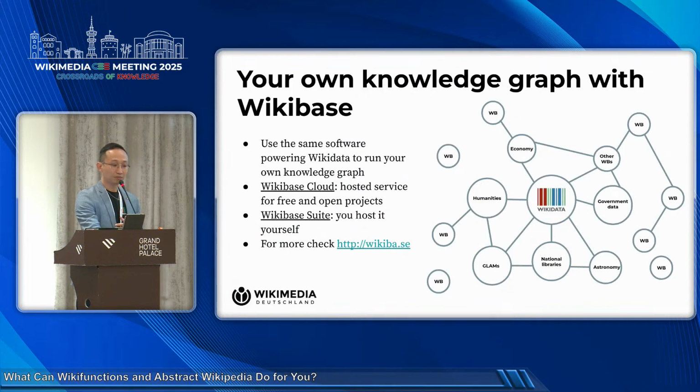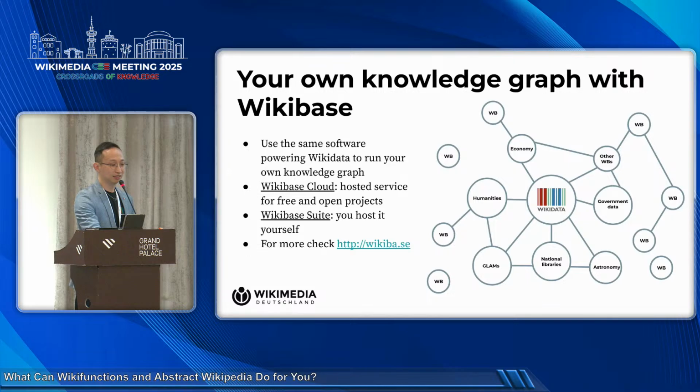And besides Wikidata, you have Wikibase. Wikibase is the software that powers Wikidata, and using the same software, you can create your own knowledge graph. We have two products in Wikibase. One is Wikibase Cloud, a hosted service for free and open projects, and the other is called Wikibase Suite, where you host it yourself.